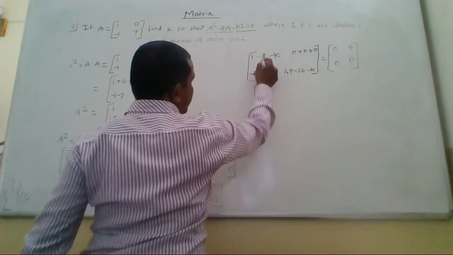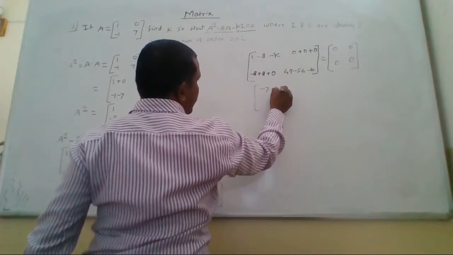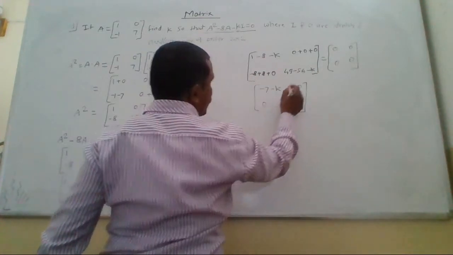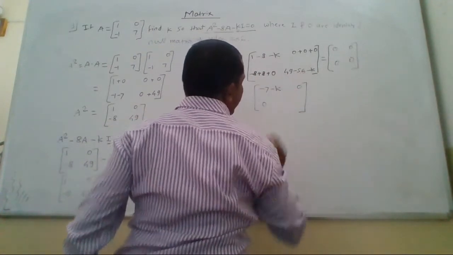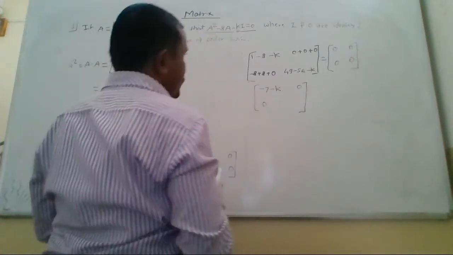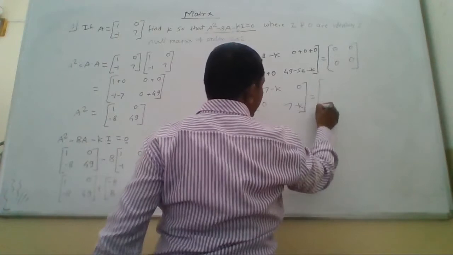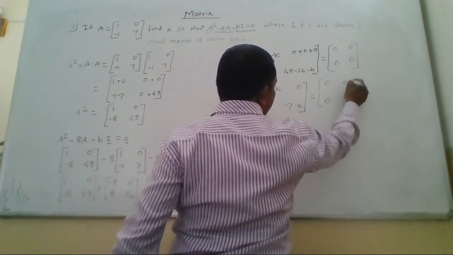So 1 minus 8 is minus 7 minus K, this is 0, minus 8 plus 8 is 0, and 49 minus 56 is minus 7 minus K, equal to [0 0; 0 0].